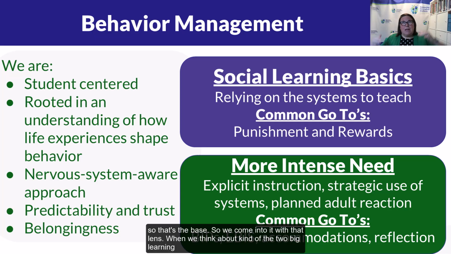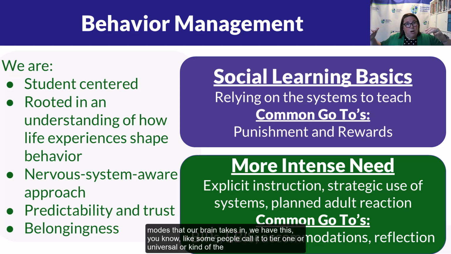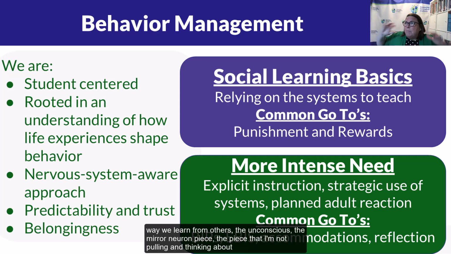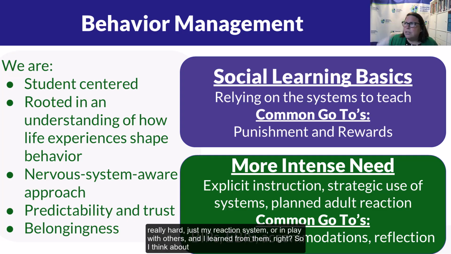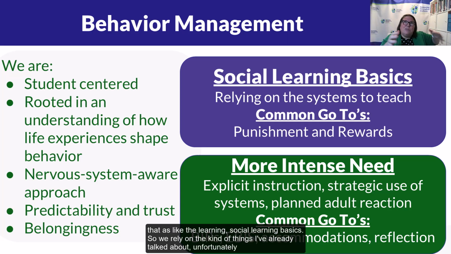When we think about the two big learning modes that our brain takes in, we have what some people call tier one or universal, the way we learn from others, the unconscious, the mirror neuron piece, the piece where I'm not pulling and thinking about it really hard. Just my reaction systems are in play with others, and I learn from that, right? So I think about that as the social learning basics. So we rely on the things I've already talked about.